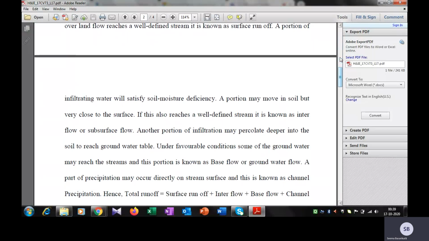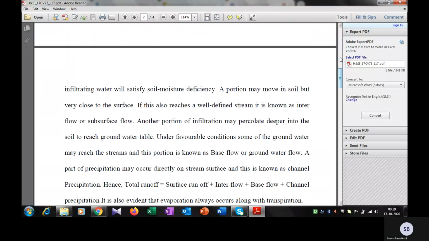Another portion of infiltration may percolate deeper into the soil to reach the groundwater table. Under favorable conditions, some of the groundwater may reach the streams and this portion is known as base flow or groundwater flow.